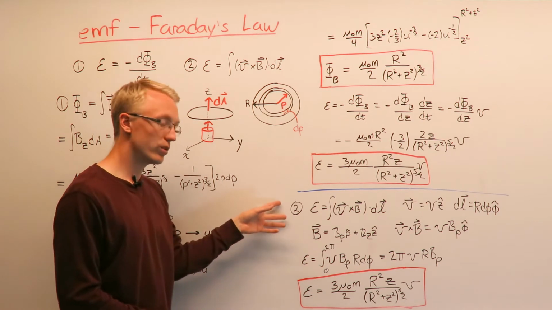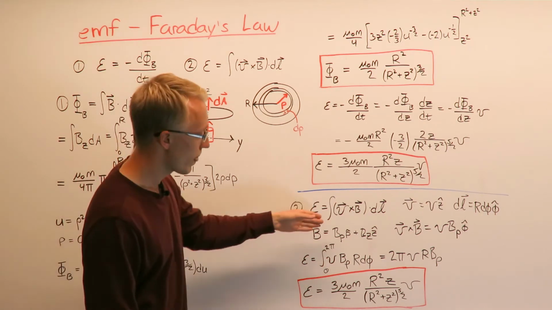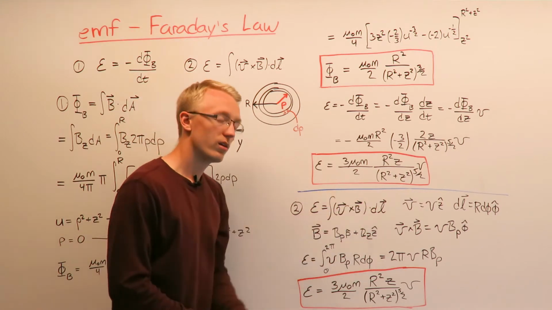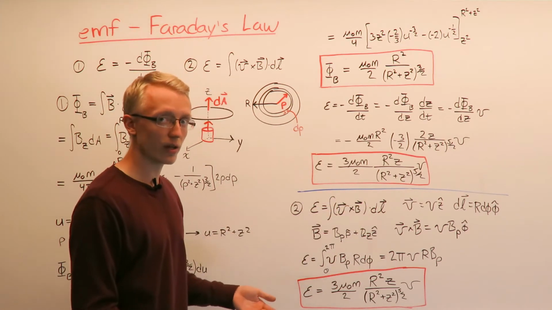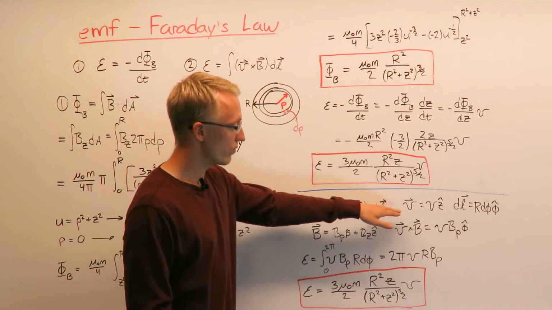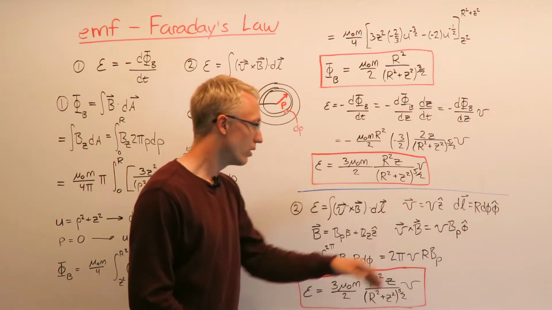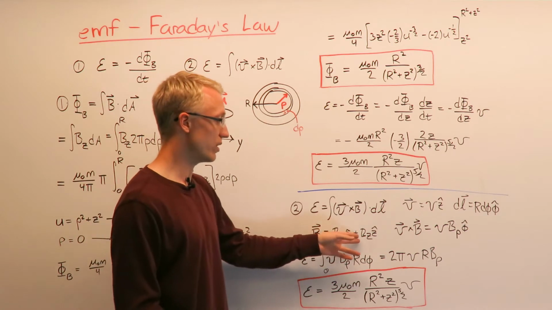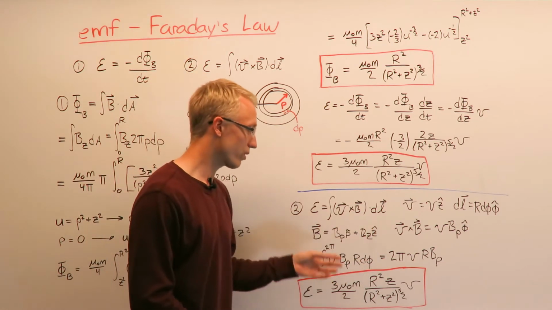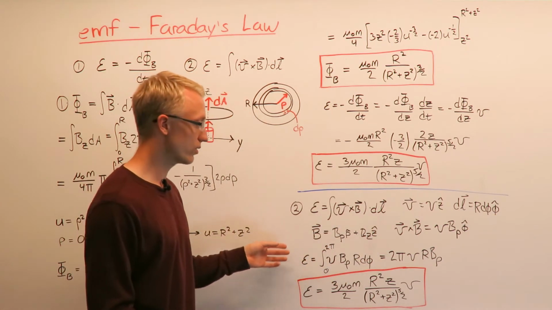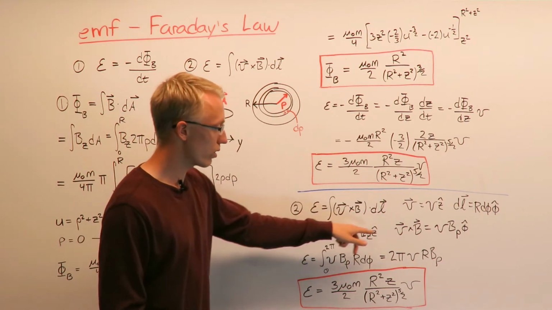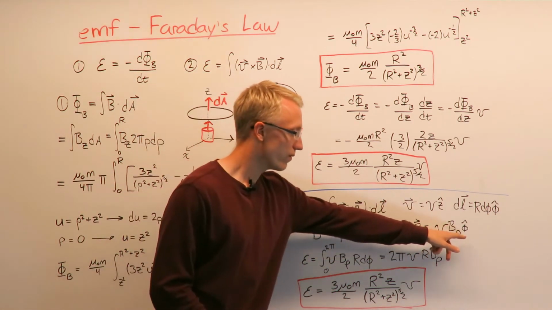Now I'm going to show you how to use the second equation, the integral of v cross B dot dl. Since the velocity is in the z direction, v is equal to v times z hat. We already know that B is equal to B rho rho hat plus Bz z hat. When we take the cross product of these two vectors, the z components go away, and rho cross z is equal to phi hat.